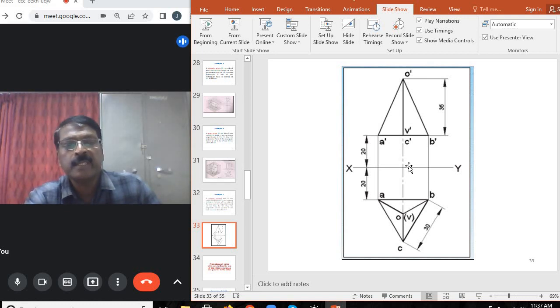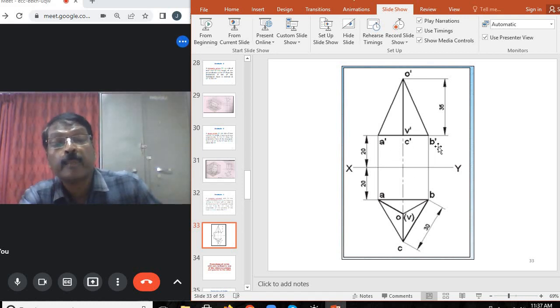Now the base is 20 mm above HB. So from the top view, project A, B and C vertical lines up to XY, then further project upwards. Since the base is 20 mm above HB, that distance above HB is seen in the front view. So above XY take 20 mm and draw the base line between the left extreme A and right extreme B of the top view. So A dash B dash is the front view width.